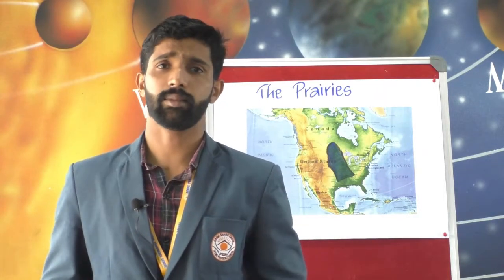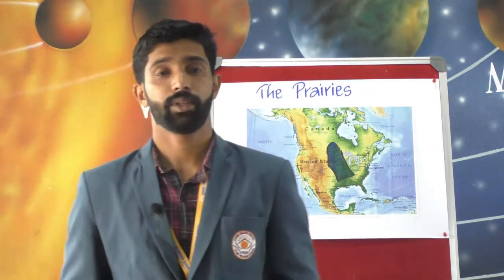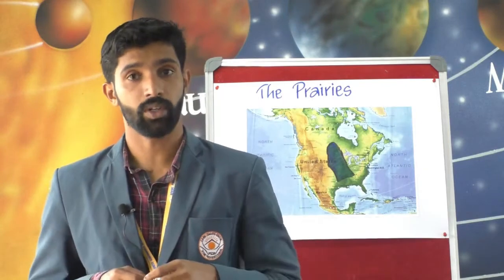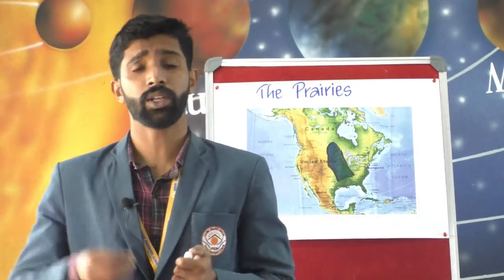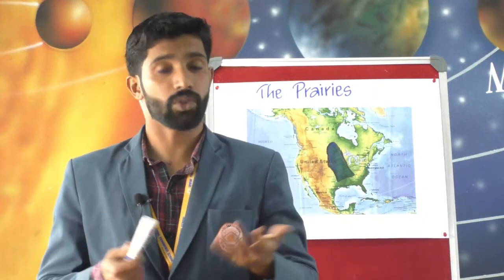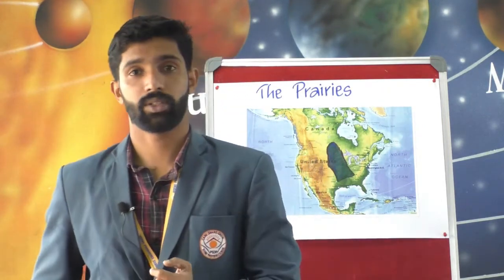And let us see about the natural vegetation and wildlife. And as we know, it is due to low rainfall. The natural vegetation of these prairies consists of only short grasses, shrubs and scattered trees like willows, alders and poplars.